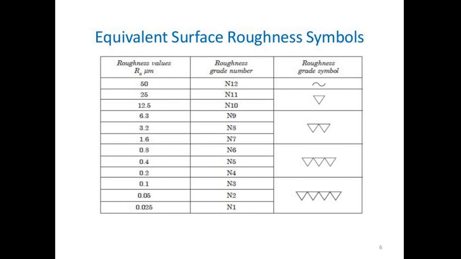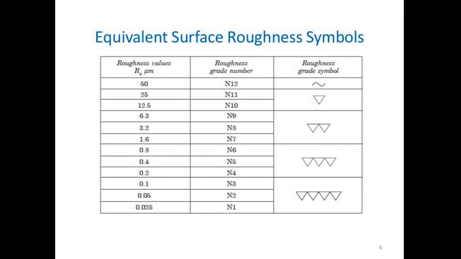Similarly 6.3, 3.2, 1.6 by double triangle. 6.3 is N9. For 3.2 micron grade number is N8. For 1.6 micron grade number is N7.